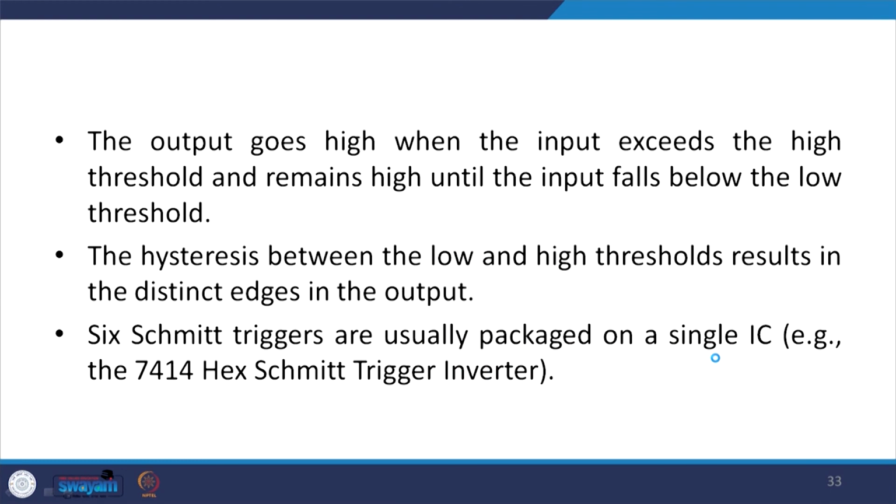The output goes high when the input exceeds the high threshold and remains high until the input falls below the low threshold, that we can see from the figure. The hysteresis between the low and high threshold results in distinct edges in the output. Okay. And 6 Schmitt triggers are usually packaged on a single IC, okay. For example, 7414 is a hex Schmitt trigger inverter.